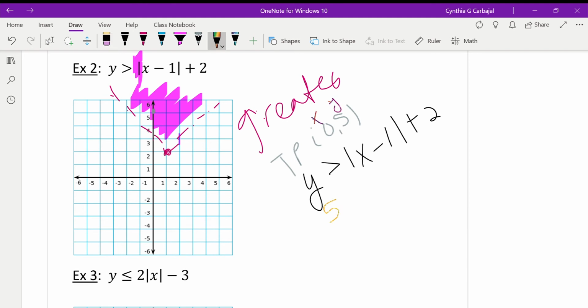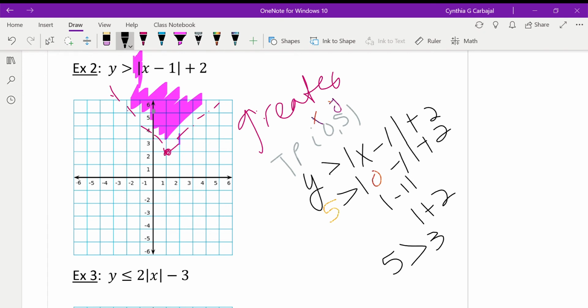So that's 5 greater than the absolute value of 0 minus 1, plus 2. When we do the math inside, 0 minus 1 is negative 1. The absolute value of negative 1 is positive 1, plus 2 would be 3. And then is 5 greater than 3? Yes, it is. So we should be shading towards that point because this makes it true. This is a true statement.